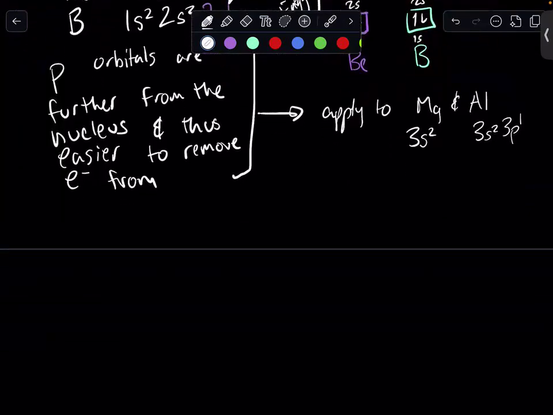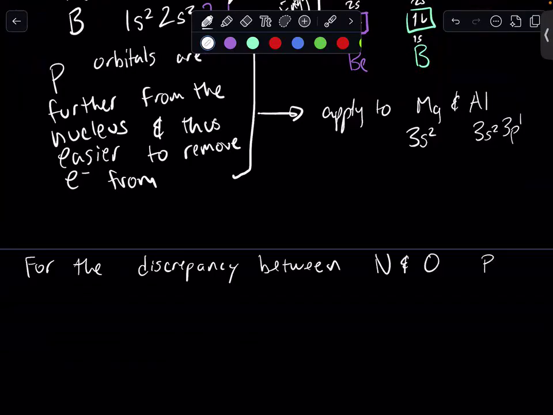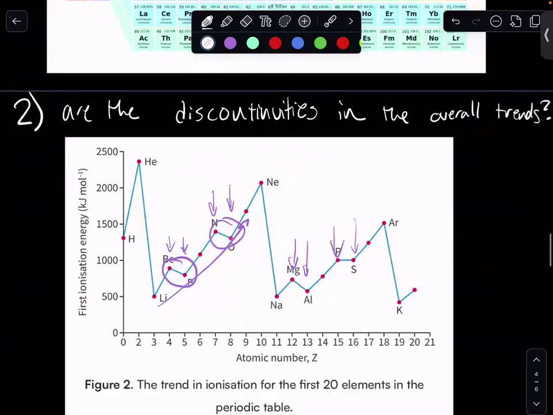All right, moving forward to the second discrepancy, for the discrepancy between nitrogen and oxygen, as well as phosphorus and sulfur. So let's just go ahead and look. All right, so we covered beryllium and boron and magnesium and aluminum.